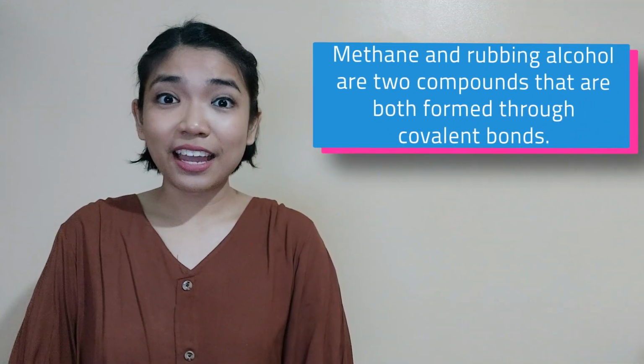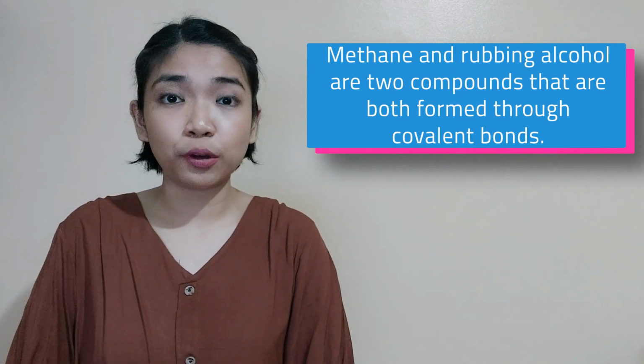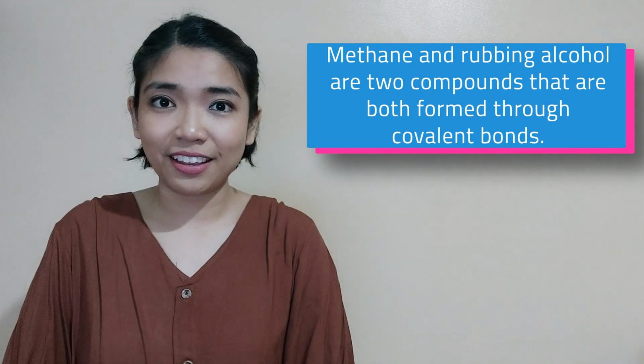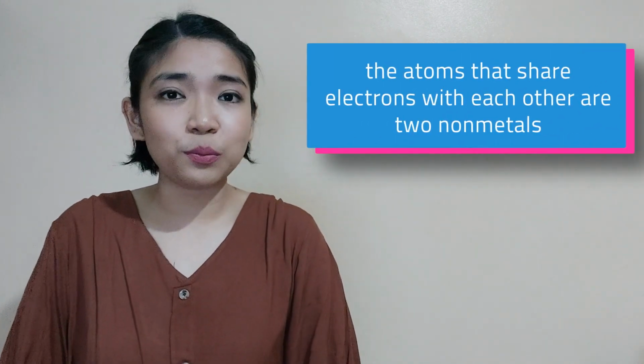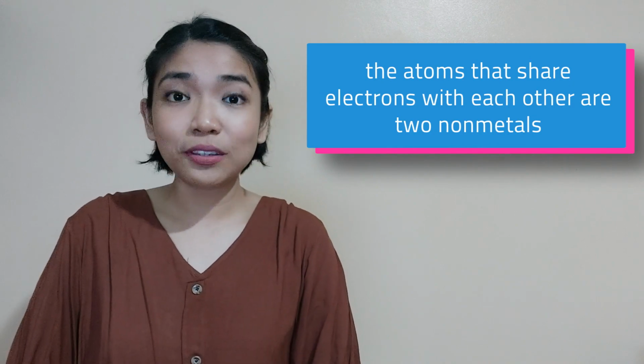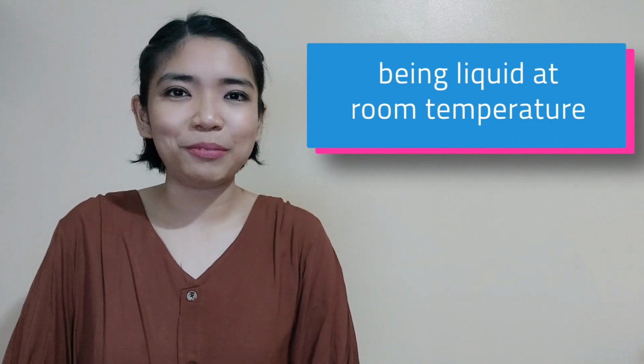Yes, methane and rubbing alcohol are two compounds that are both formed through covalent bonding. Simply, the atoms that share electrons with each other are two non-metals, and they have characteristics such as being liquid at room temperature.